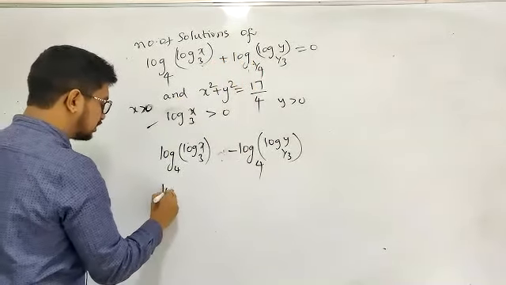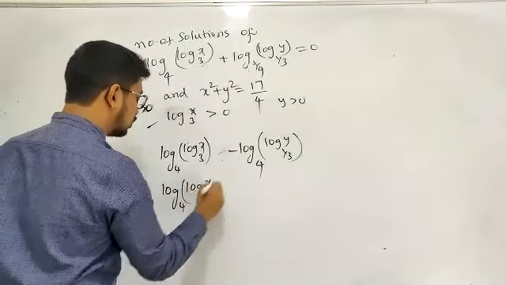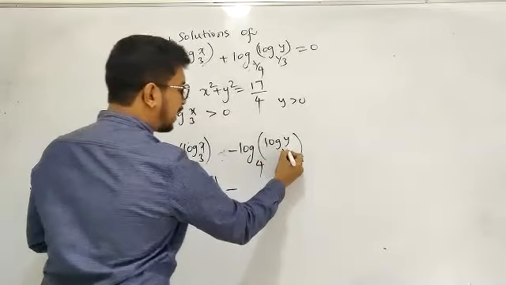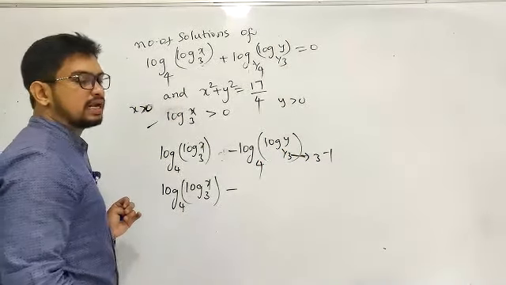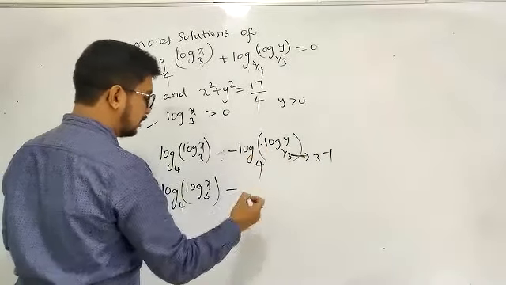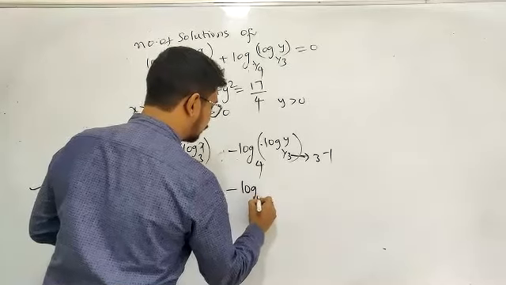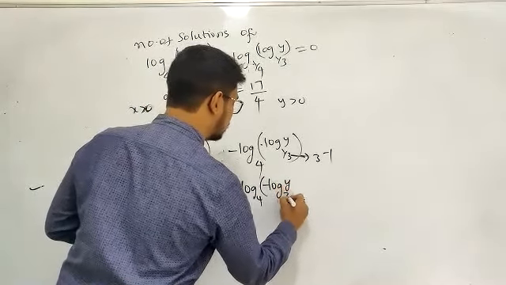So this is log of log x to the base 3 to the base 4 minus, and this part I'll write as 3 power minus 1, and this minus 1 will be given here, so I'll write something like this: log of minus log y to the base 3.